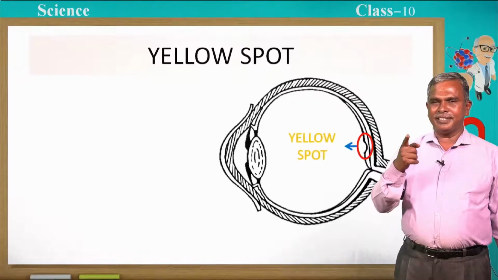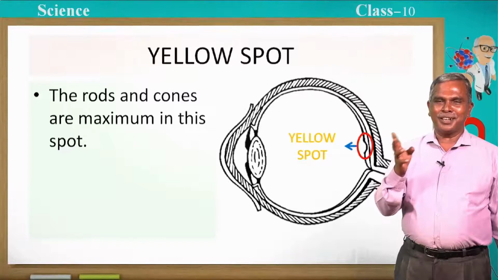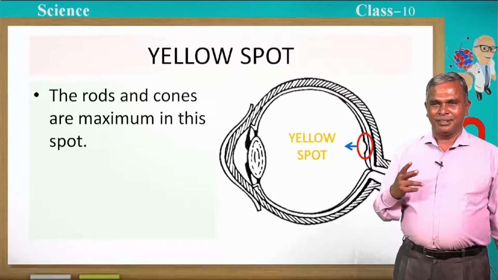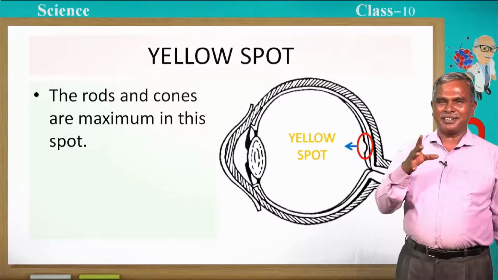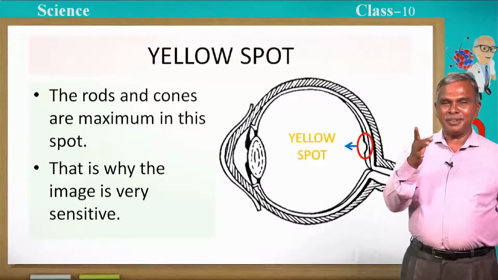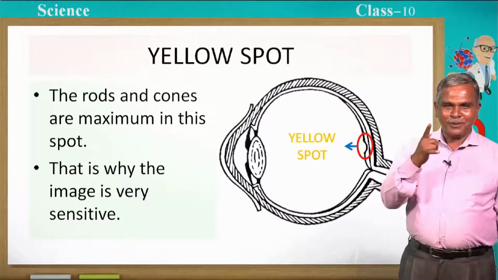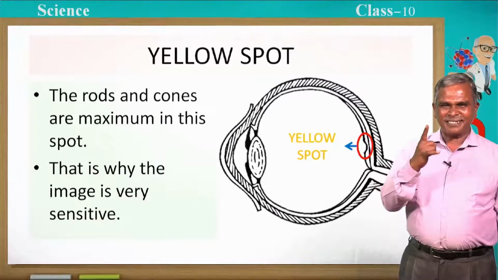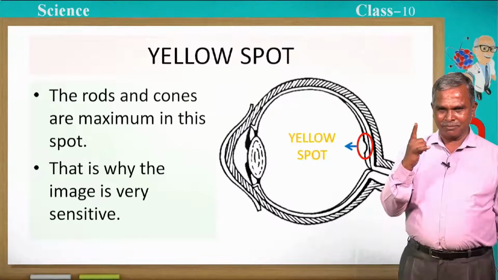So, in this region where I encircled, the rods and cones are more. A large number of rods and cones are present at a particular point, which means definitely a sensitive image is going to form in that region. Therefore, the yellow spot is the best spot to get a good image of an object.